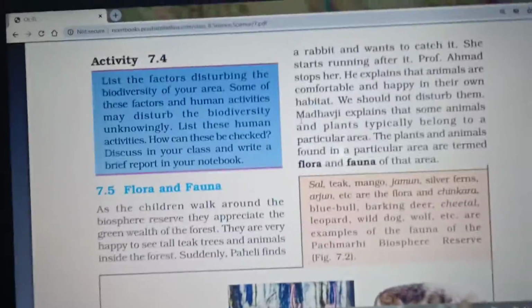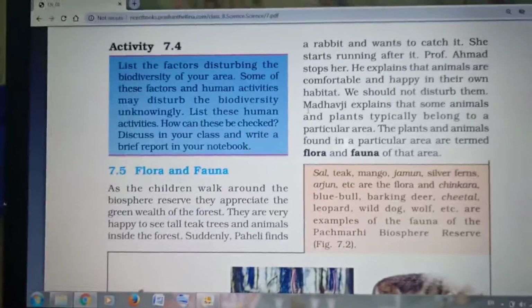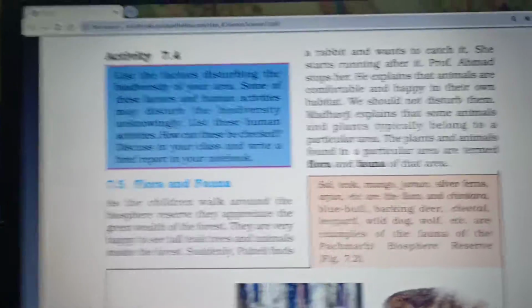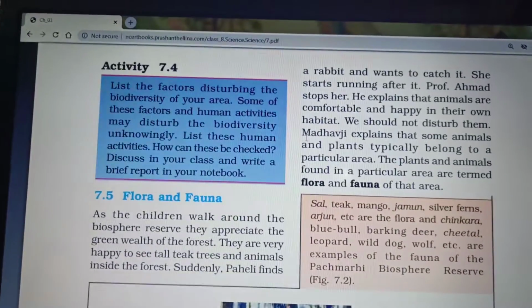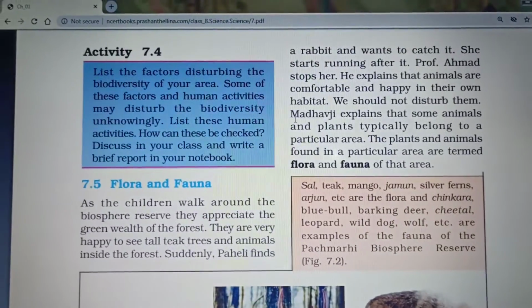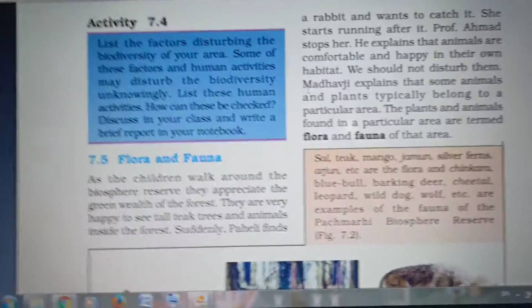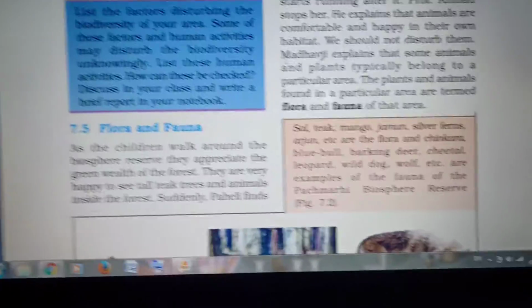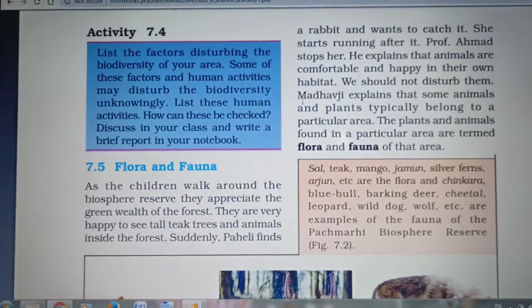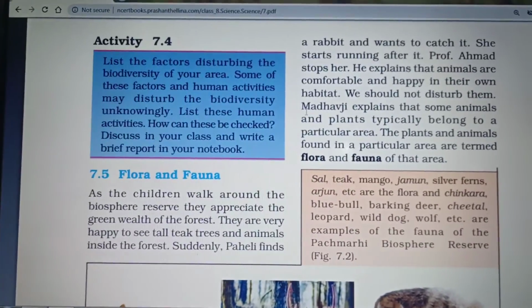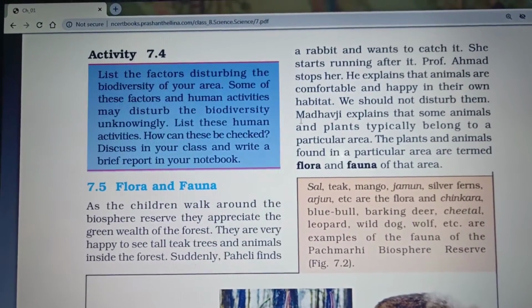Hello children, last class we saw conservation of forest and wildlife. In that we saw about the effects of deforestation, what is deforestation, the consequences of deforestation, and how we have to protect wild animals and plants from all these restrictions.